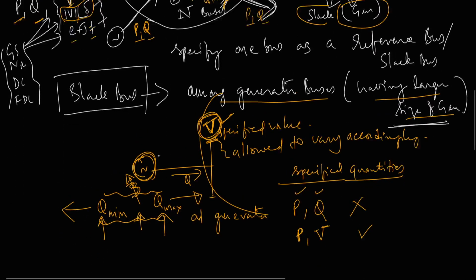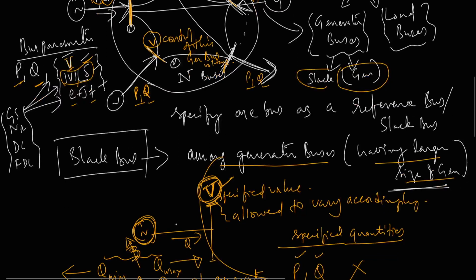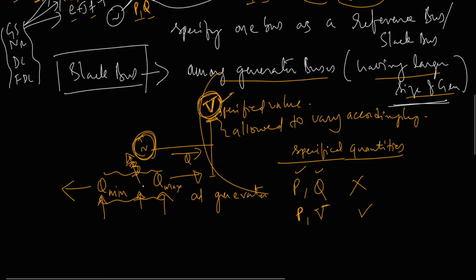Now I am coming to the nature of parameters specified at these types, generator buses, load buses, and also the slack bus. First the generator buses. At generator buses, instead of specifying P and Q, we will be specifying P and V, because they are also called controlled buses, because the generator is actually meant for controlling the bus voltage.